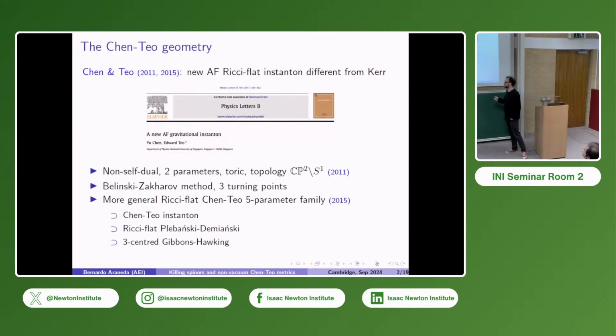They show that it contains not only the Chen-Teo instanton, which they previously found, but also is some sort of interpolation between 2 extremes: the Ricci-flat Plebanski-Demianski spacetime on one extreme, and the Gibbons-Hawking with 3 centers on the other extreme. Chen-Teo depends on a parameter that interpolates between the 2.